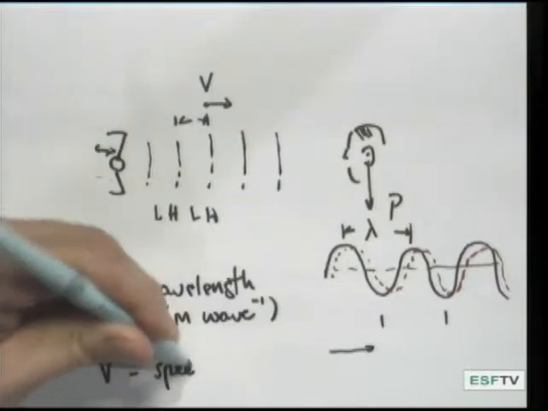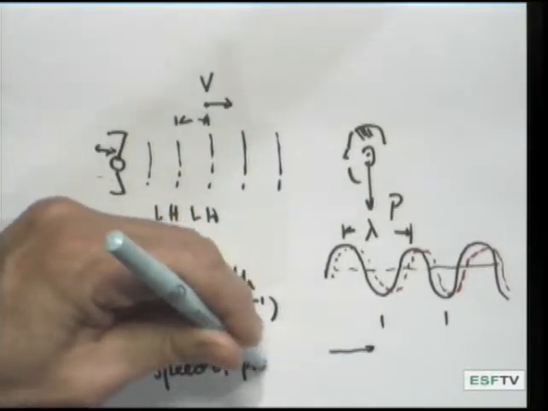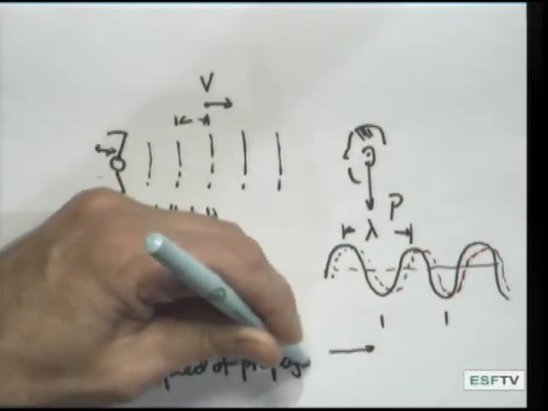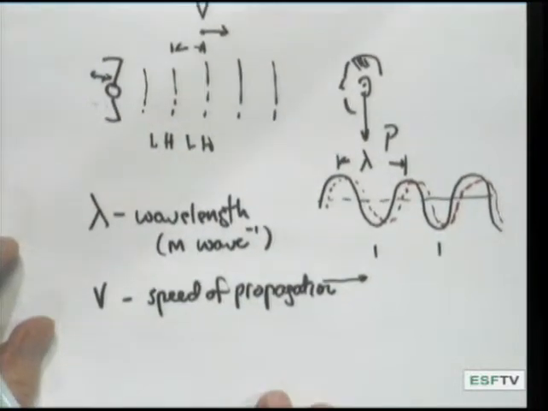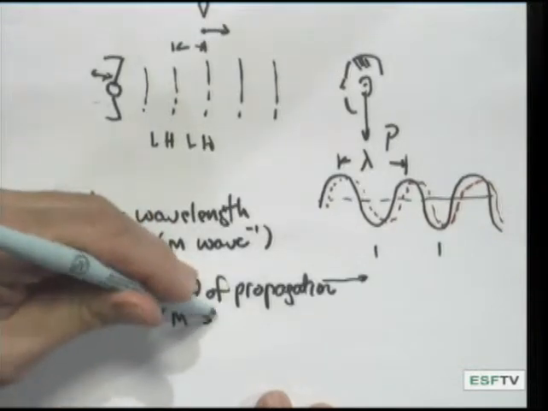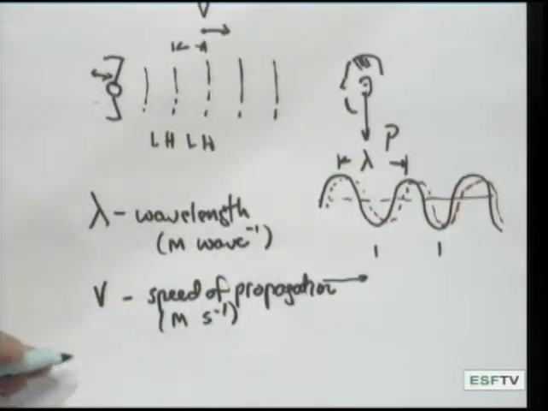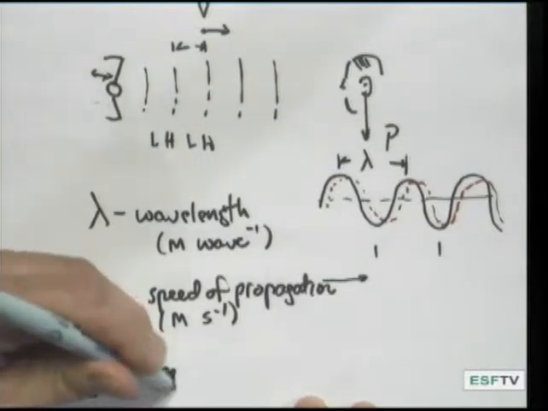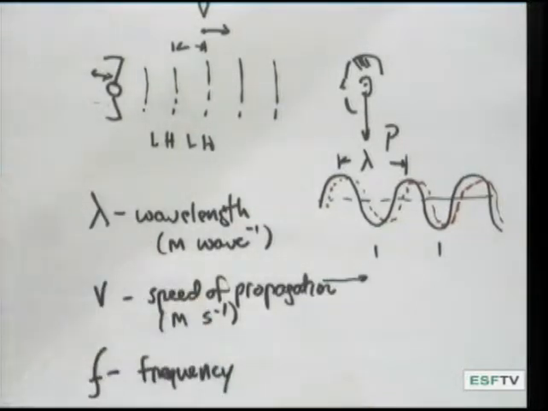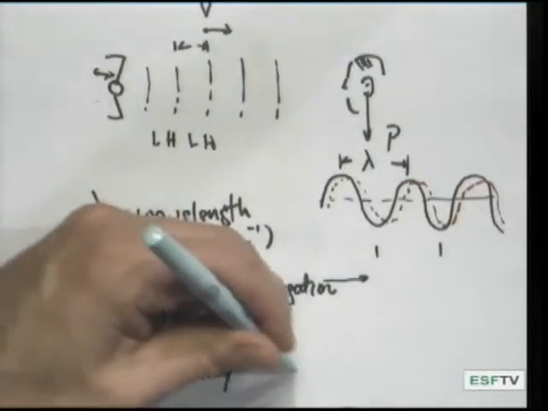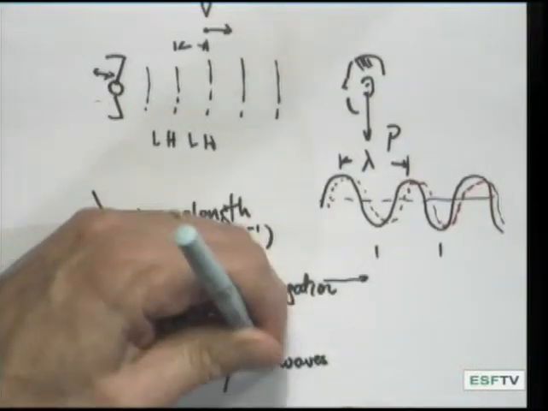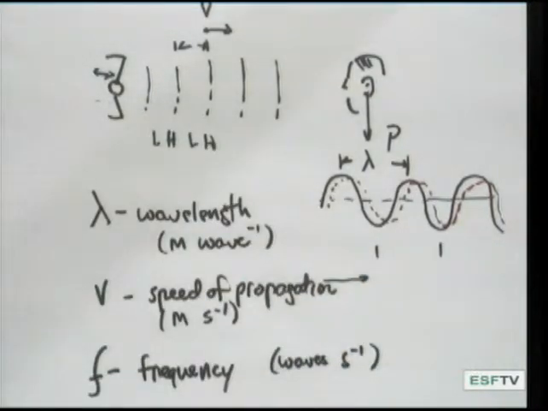That's the speed of propagation, and that is going to have units of meters per second. And then finally we have another quantity that's related to the two, the frequency of propagation. And this has the dimensions of waves per second. That is, how many waves per second will go past this fixed point.